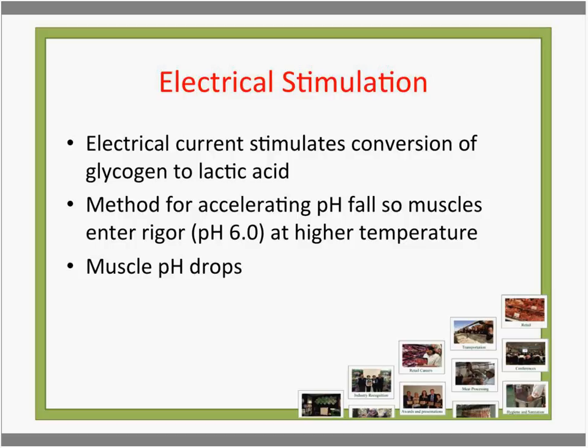The MSA requirement is that once you do your pH temperature decline monitoring, and you will have done that to start doing grading, if you're going to be applying electrical stimulation, you do an additional monitor based on the stimulus you're using.